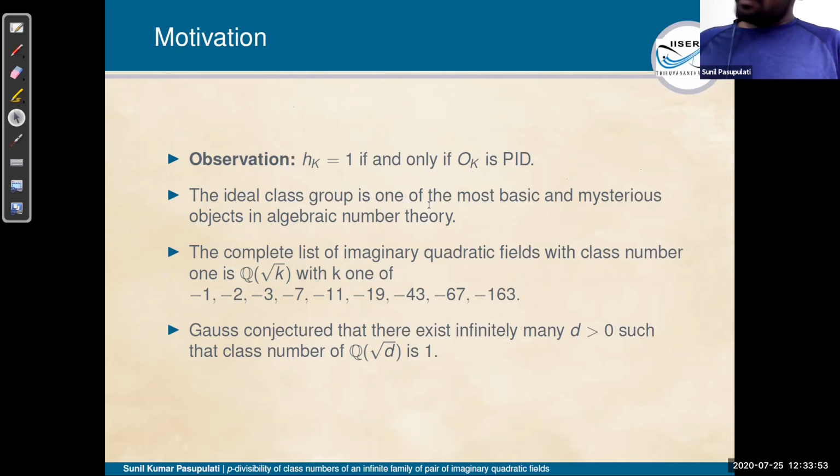The ideal class group is the most basic and mysterious object in algebraic number theory. The complete list of imaginary quadratic fields with class number 1 is given by Q(√-k), where k is one of a known list. Whereas for real quadratic fields no such list exists, but Gauss conjectured that there exist infinitely many real quadratic fields whose class number is 1, but it's still a conjecture.